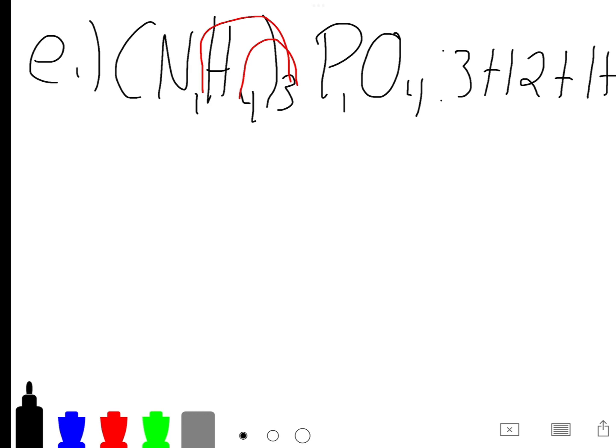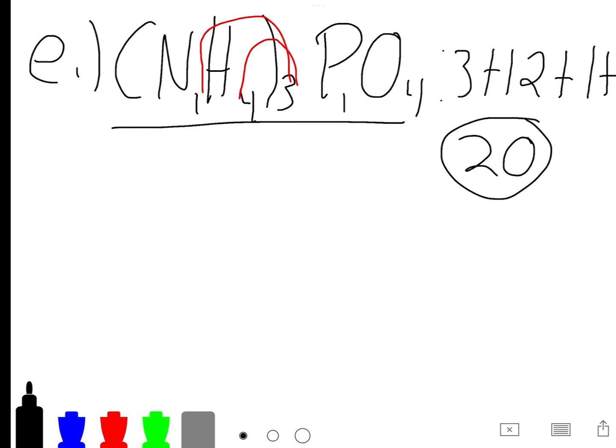So you have 3 nitrogen and 12 hydrogen, and then you have 1 phosphorus and 4 oxygen. 3 plus 12 is 15. Plus 1 is 16. Plus 4 is 20. So you have a total of 20 atoms present in this formula.